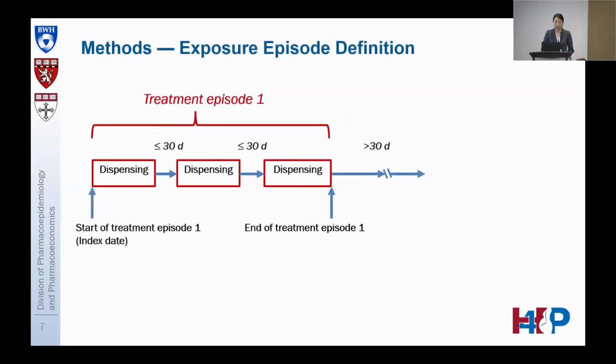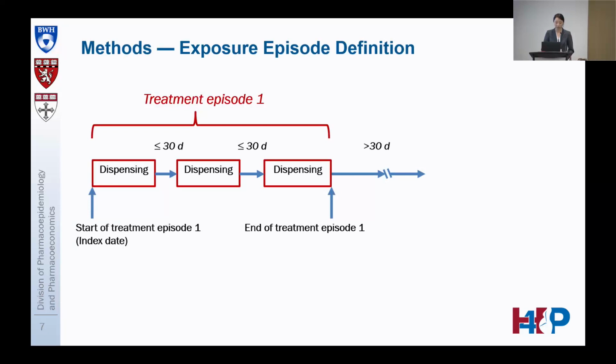So using the pharmacy claims data, we tried to create treatment episodes for both the exposed and the control group. We first captured all the dispensings of both treatments. And then for any consecutive dispensings, we checked the gap between the end of the day supply of the first dispensing and the fill date of the second dispensing.